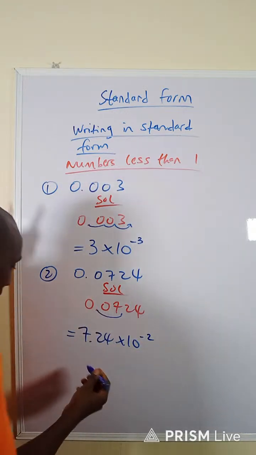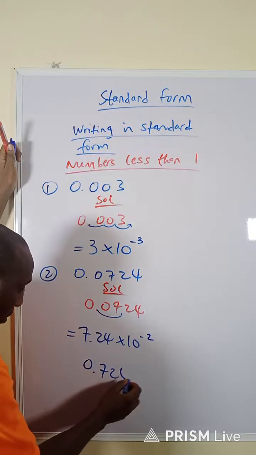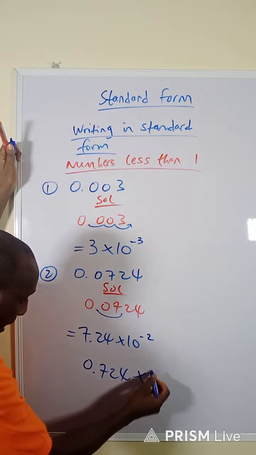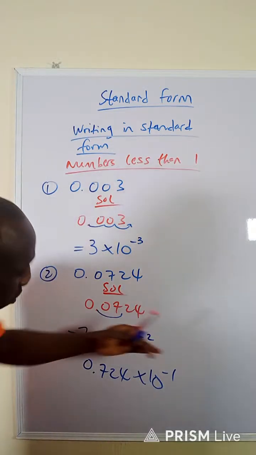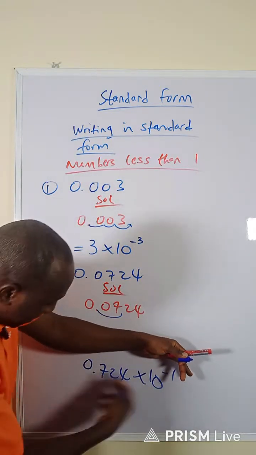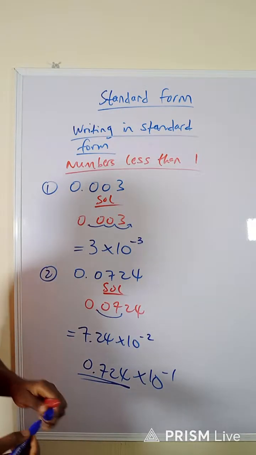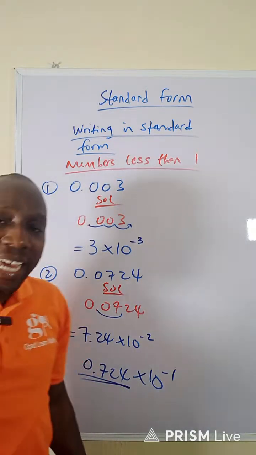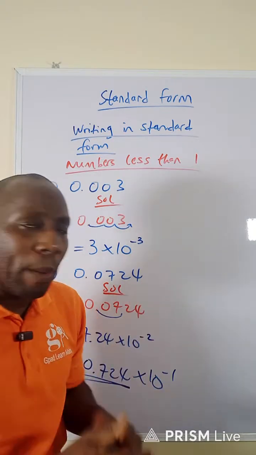And again, see what you should not do, guys. I didn't do 0.724 times 10 raised to the power negative 1. This one right here is not in standard form. I hope you know that. This is less than 1, 0 point. So you must have a singular non-zero digit in the whole number part.